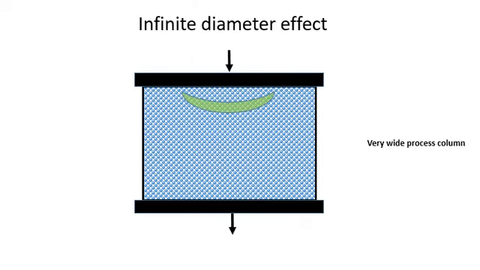With very wide columns, we can sometimes see the so-called infinite diameter effect. When the column diameter is very large compared with the solute pulse volume, the solute pulse molecules exit the column without getting any chance to reach the wall of the column. This makes it difficult to interpret and use plate height data obtained, as discussed earlier, in any meaningful way.